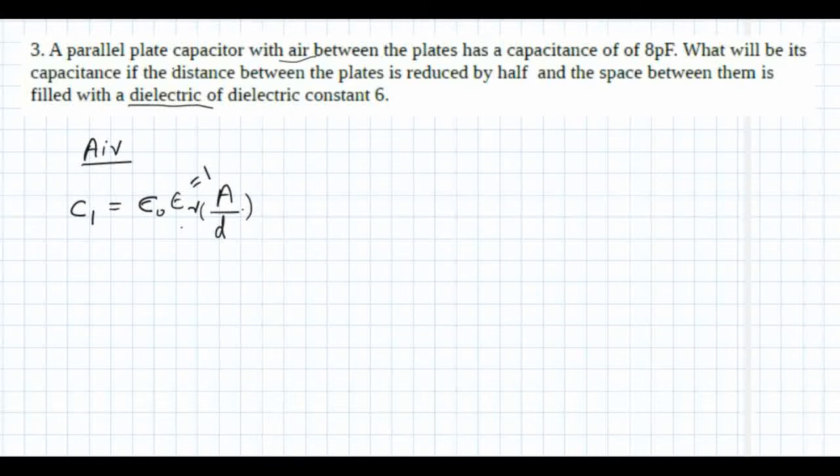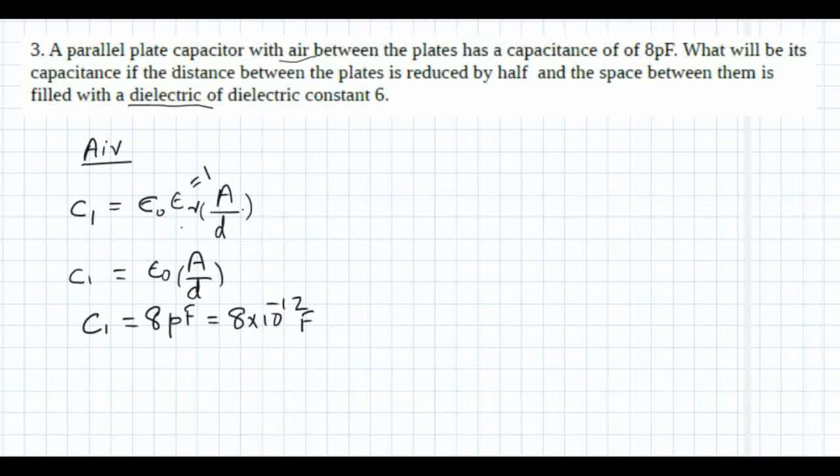Therefore, C1 is equal to epsilon 0 into A by d. Here the values of A and d are not given, and the capacitance in this case, C1, is equal to 8 picofarad. Pico is equal to 10 raised to minus 12, so this much farad is the capacitance of the capacitor.